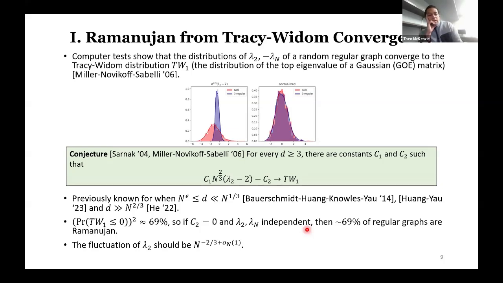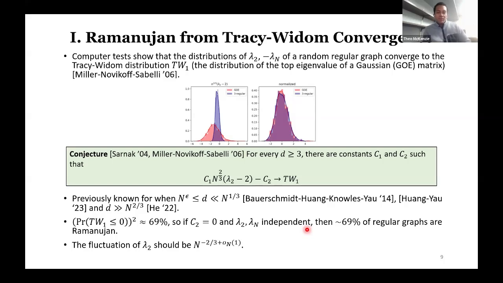Okay, so here we have these improving bounds, but what do we actually expect to be the right answer? Like, what's the actual rate of fluctuation of the second largest eigenvalue? Miller, Novikoff, and Sabelli ran a large number of computer tests to try to figure out what the distribution of the second largest eigenvalue was in this random regular graph model.